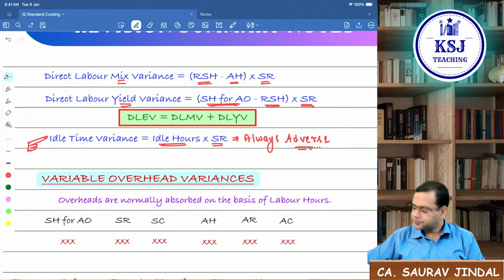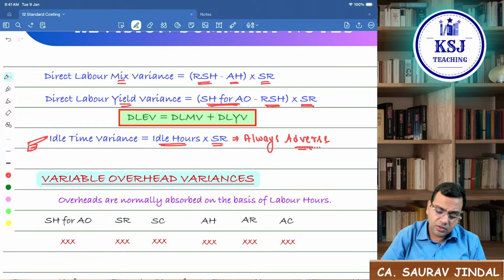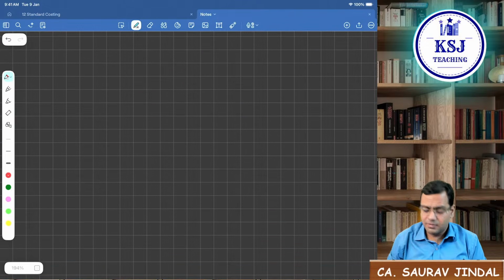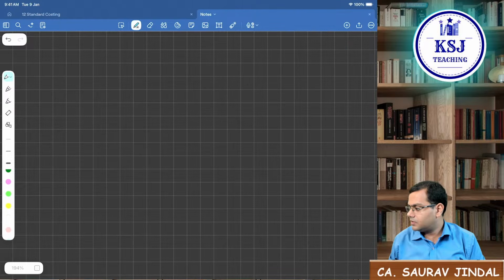All clear? Okay. Now, one more small but relevant point you need to remember while doing practical questions. Yield means the output.